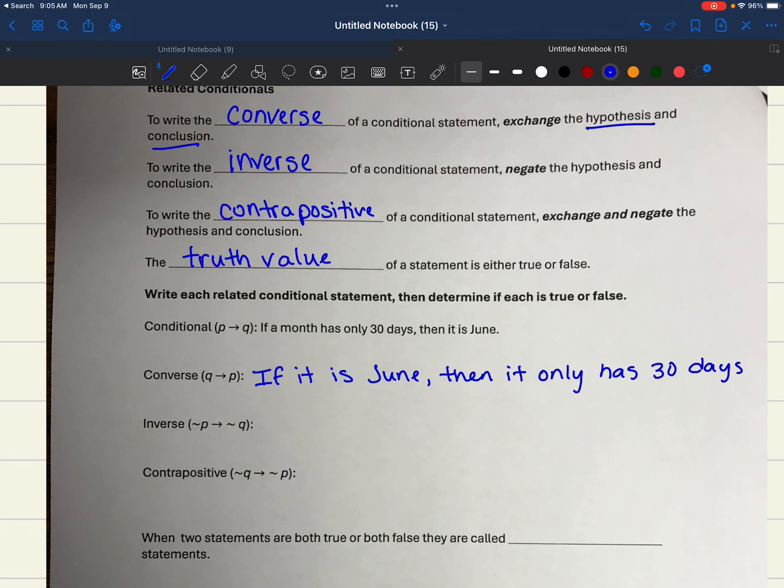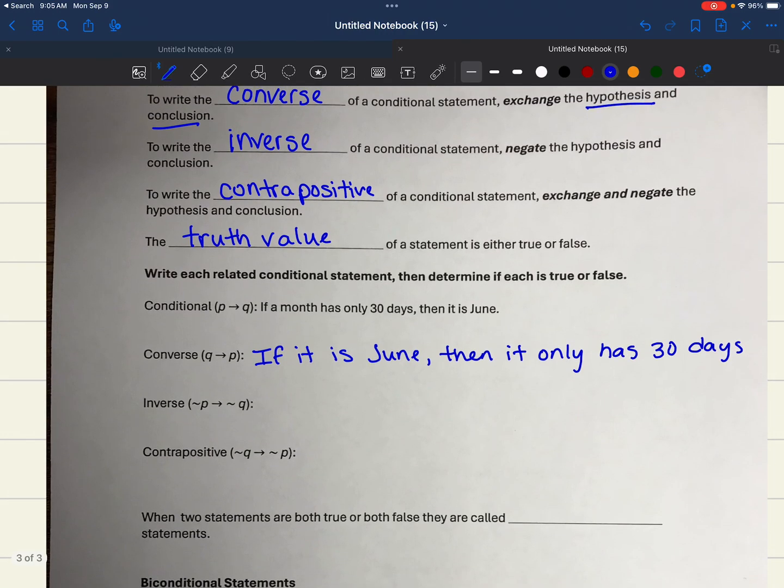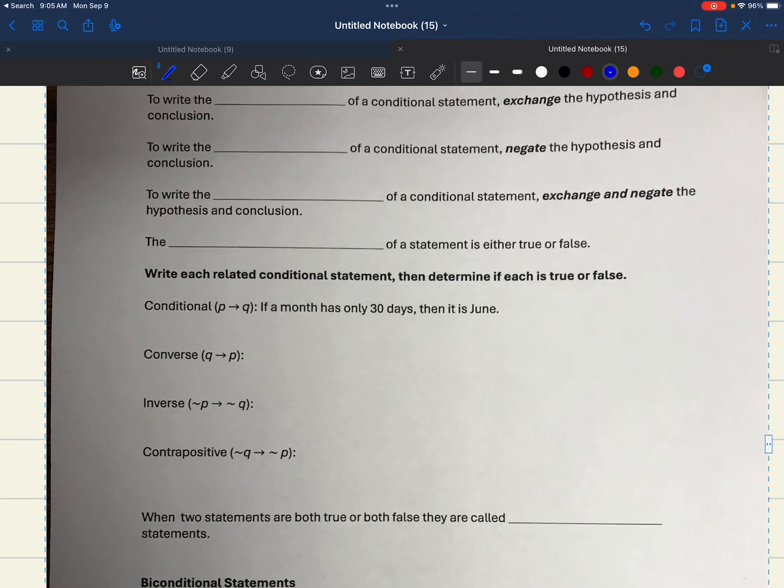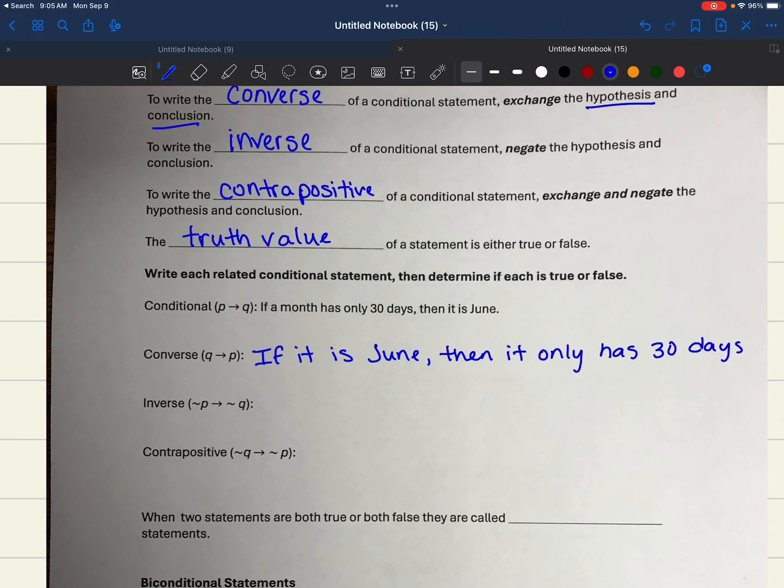Now, for this section specifically, your notes are going to be important because these can get confusing. Even when I do them, sometimes I have to look back and see which one I am doing. So your notes are going to be helpful to you. Now, on our inverse, the order stays the same as the original. The only difference is you change them to not P, so change them to their opposite.